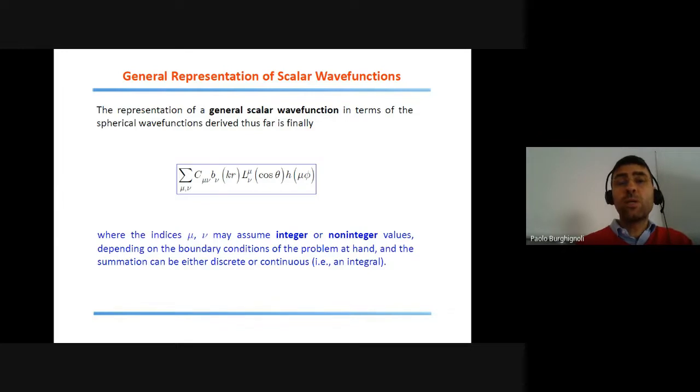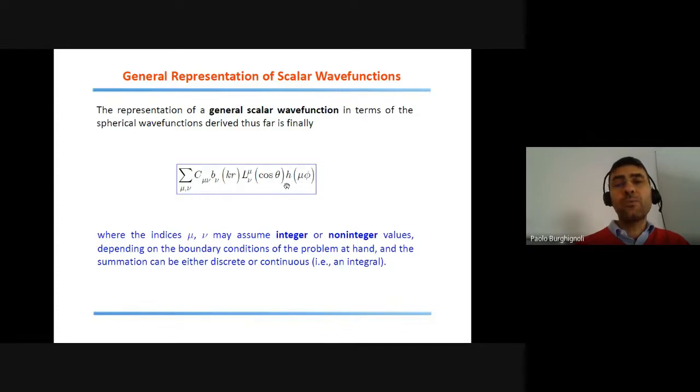The general representation for a scalar wave function in spherical coordinates, having proceeded with the separation of variables, is therefore the linear combination of elementary solutions obtained by multiplying together the three kinds of functions that we have described so far. So the radial dependence is described by the B functions, which are spherical Bessel functions. The theta dependence is described by the associated Legendre functions of the two kinds.